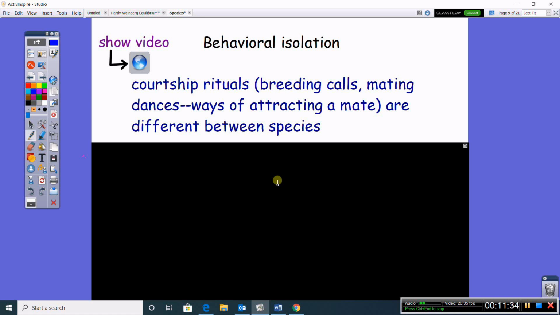So you might see some kind of animal that requires a specific courting ritual or mating dance in order for the male of that species to mate with them. Well, if you're of a different species, you wouldn't know that breeding call. You wouldn't know that mating dance. So it's going to keep the two separate species separate and distinct.